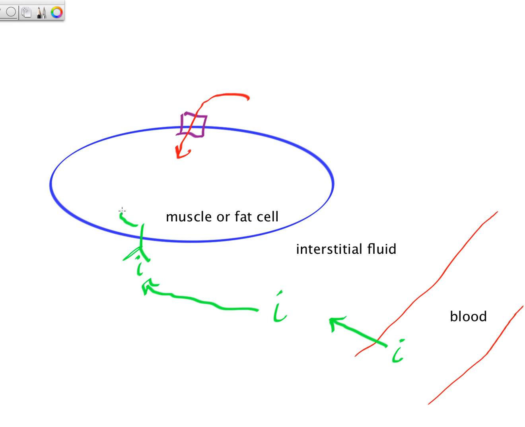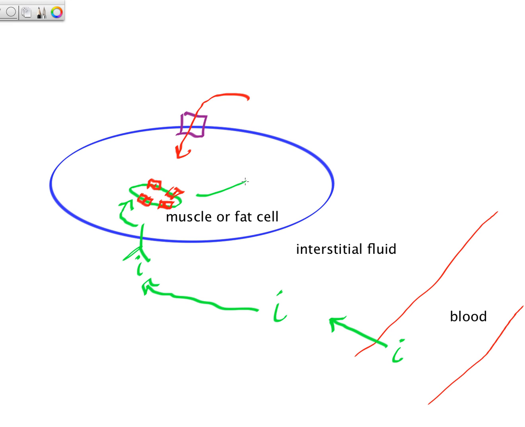And the insulin receptor sets off, when bound to insulin, a signal transduction pathway that takes this vesicle full of another kind of channel. These are the insulin-induced, or GLUT4 channels for sugar uptake. Takes these channels and tells them to become part of the membrane.